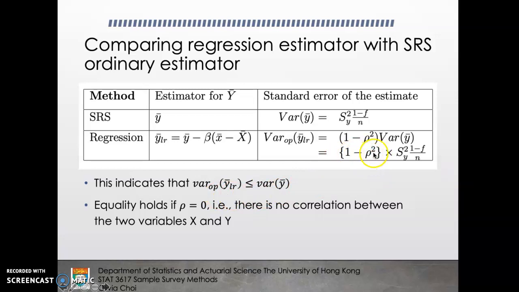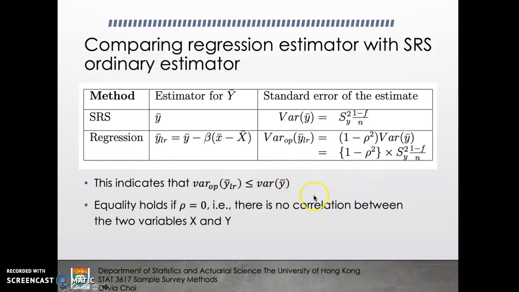As long as we can find some relationship between x and y, so the correlation does not equal 0, this factor would be less than 1. Multiplying a factor less than 1 to the same value, we find that the variance of the least square estimator is always less than or equal to the variance from the ordinary estimator, which is good news.